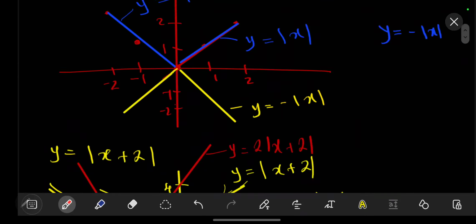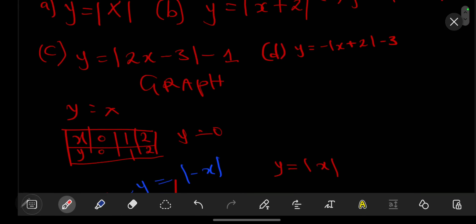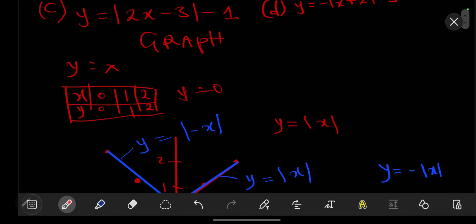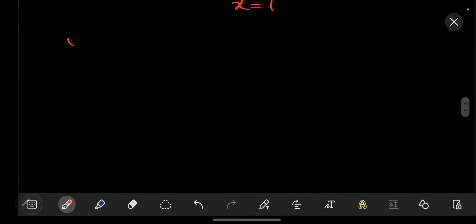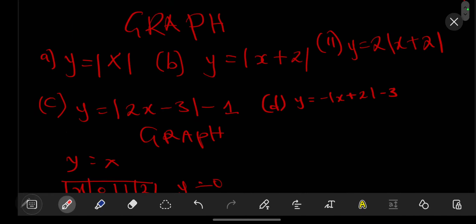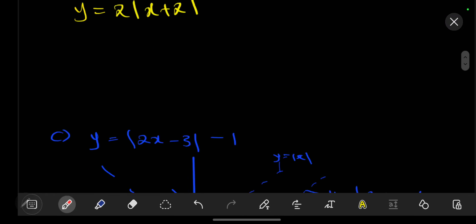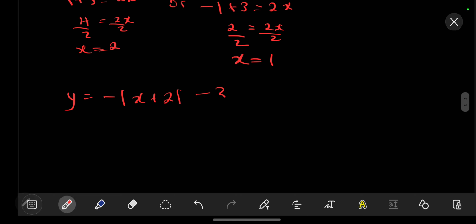So for our last example, we are going to have y equal to negative of the absolute value of x plus 2, minus 3.